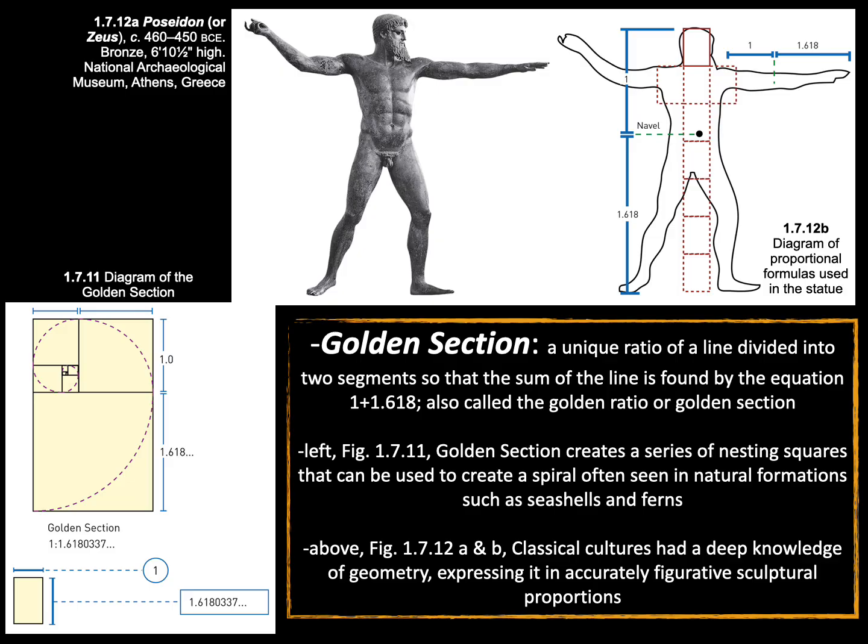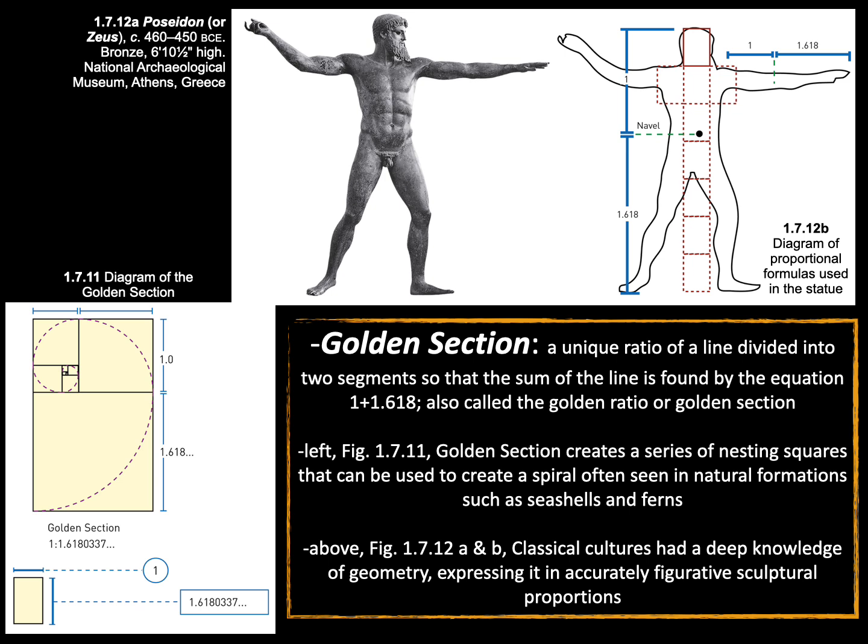The classical Greeks were somewhat obsessed with geometry and naturalistic proportions. From these examples, we can see that they had mathematical systems for determining the average size of the human body and the average proportions of features on a body. In this example, the height of the body is 7 head lengths. The sculptor has also utilized the golden ratio to establish the proportion between the height of the body and the natural length of the arms.